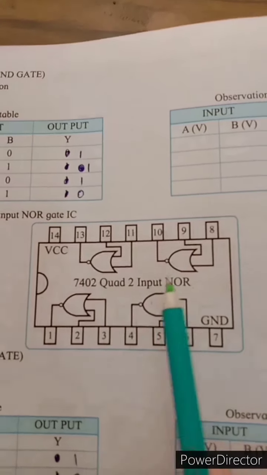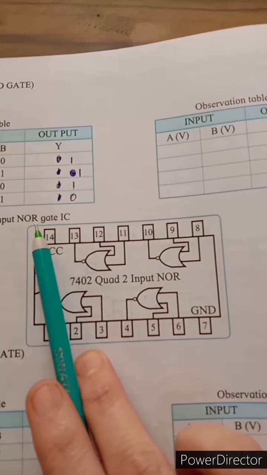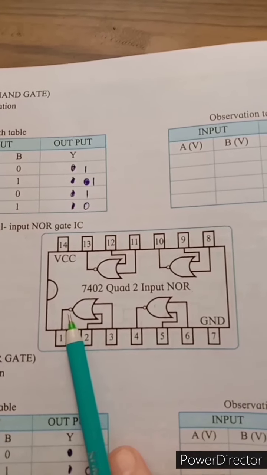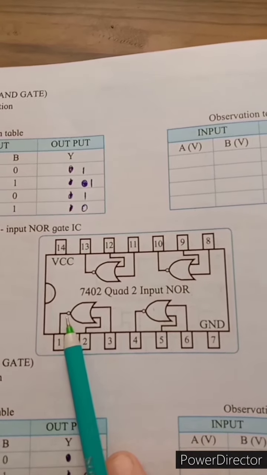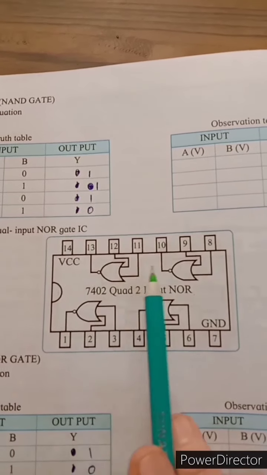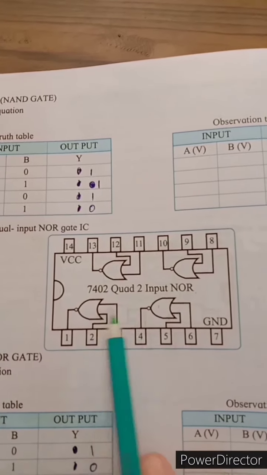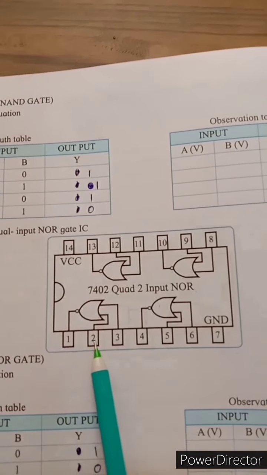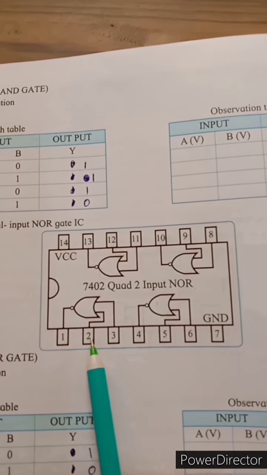Let us study the NOR gate. NOR gate is a combination of OR gate and NOT gate. The bubble shows the NOT gate here. Looking at the circuit connection, it also consists of 4 NOR gates, but the connection is different from the other gates.